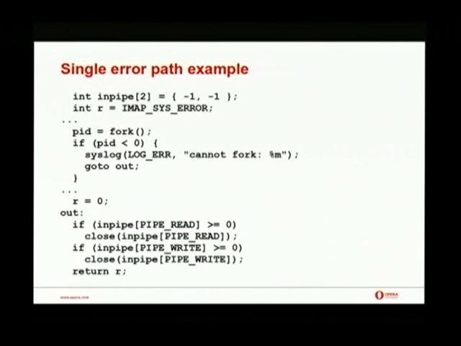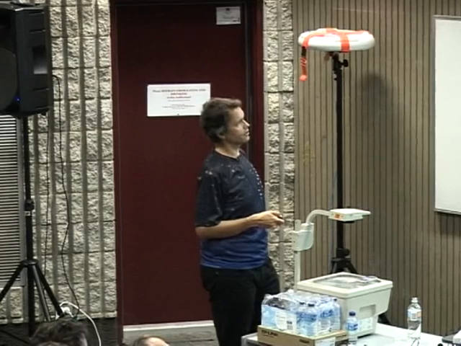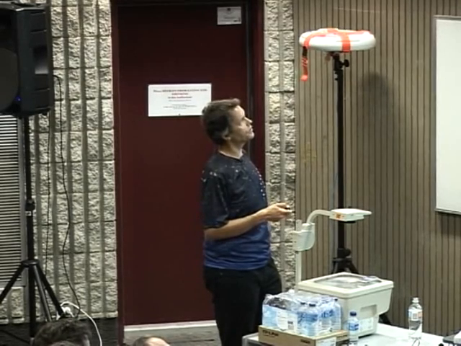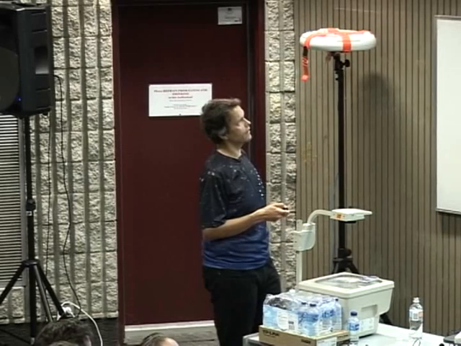Here's an example. This is actual code out of Cyrus with approximately half of it chopped out for clarity. So the key things here are, oh yes, you initialize your return variable, and at the end you return the return variable, which is an error code. You have this out block here, and it deals with both the something got initialized in here and not cases, which is in a known state regardless of how you go through the function.